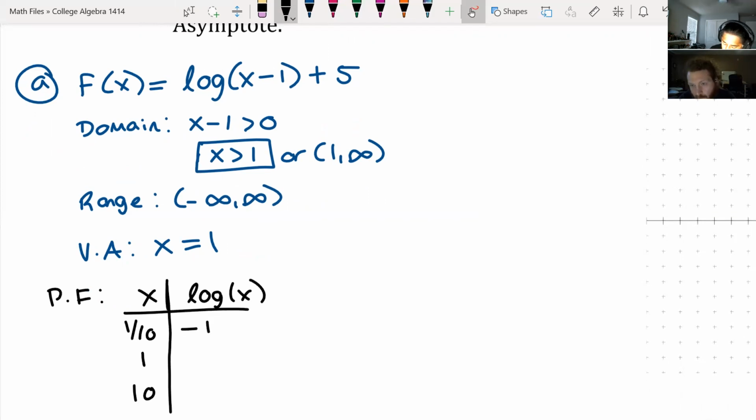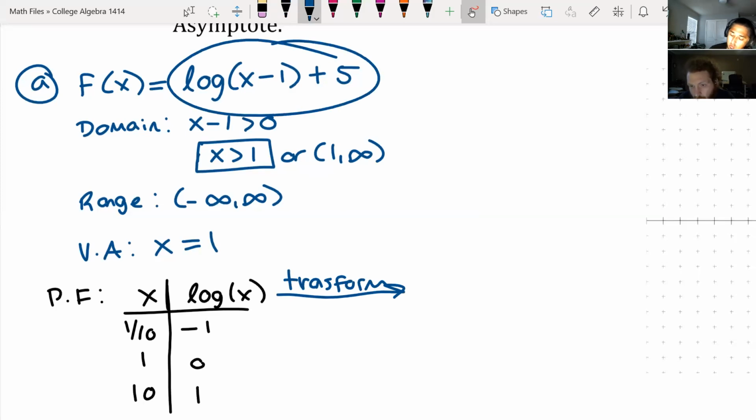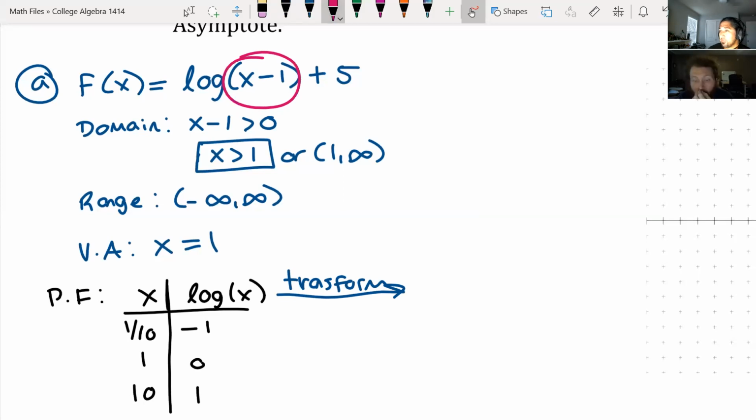This gave me -1, 0, 1. Now, if we transform this, well, look at the function we're given. What type of transformation is that x minus 1? Horizontal or vertical?